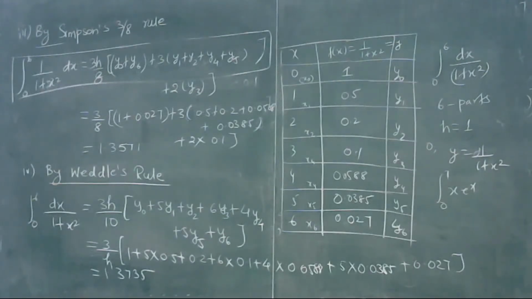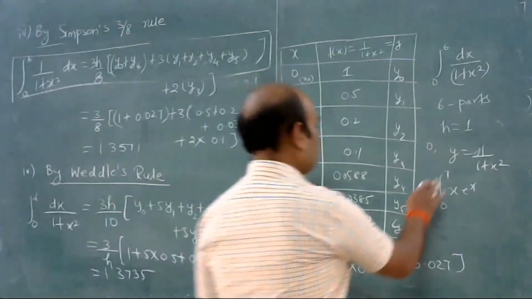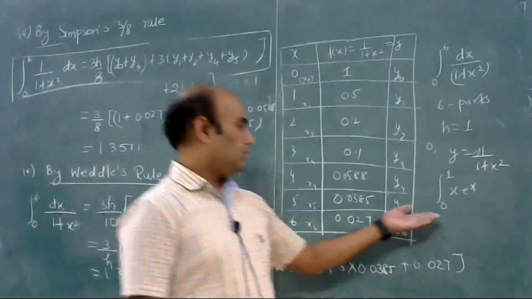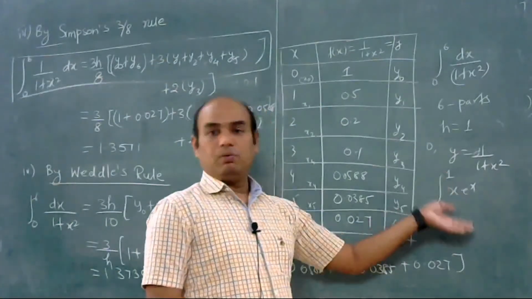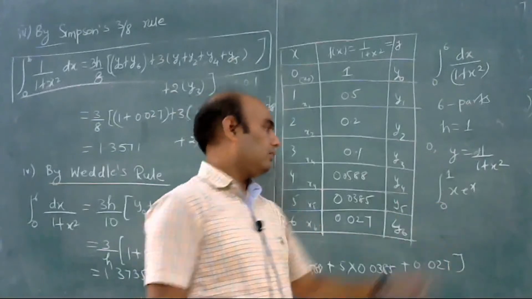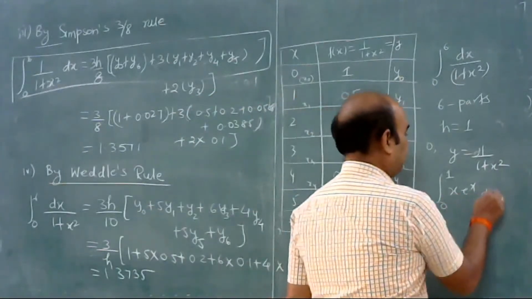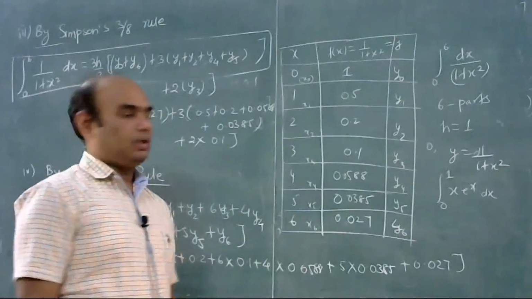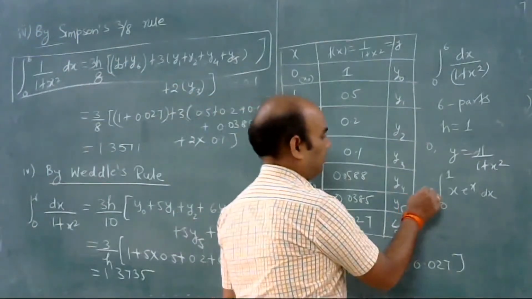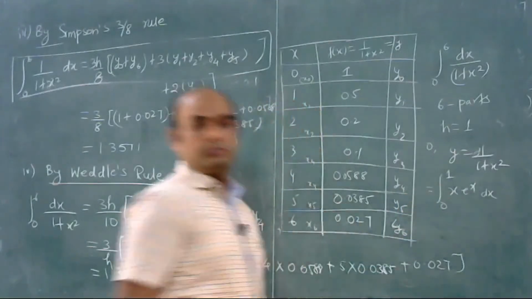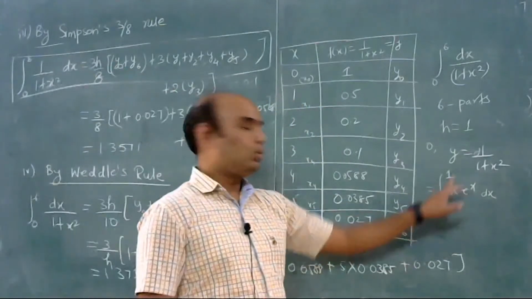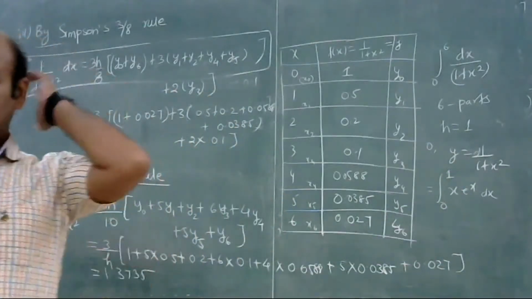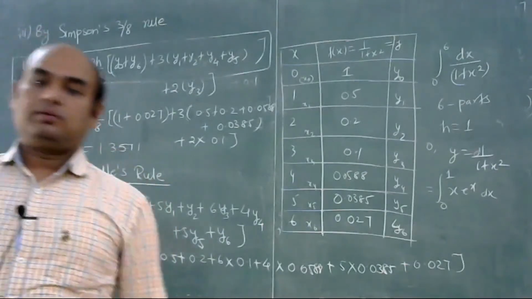Sometimes it is given like this, from 0 to 1. So how many parts will you take if you have to find the integral of x e to the power x dx? What is the value of h? The integration is from 0 to 1. 5, very good.